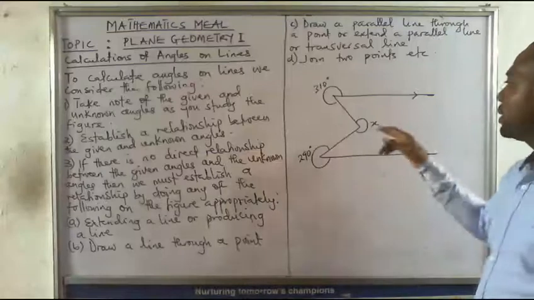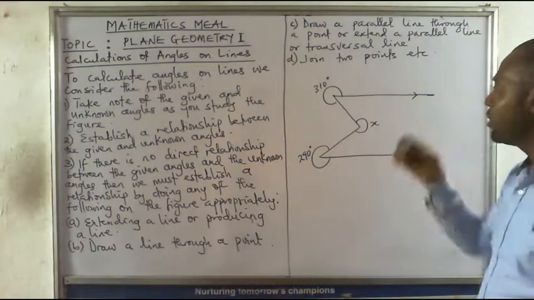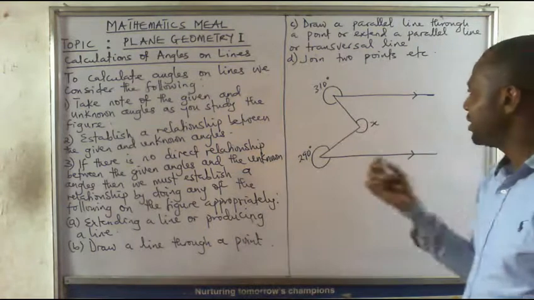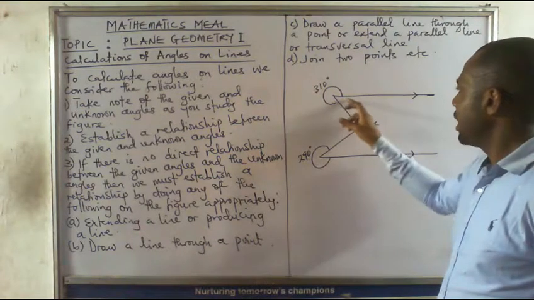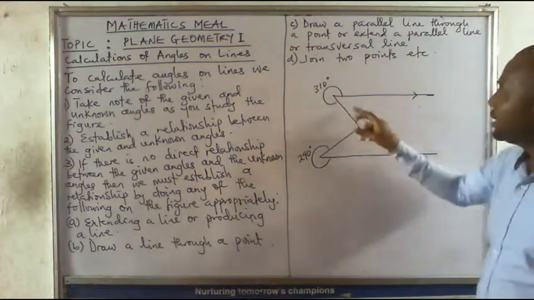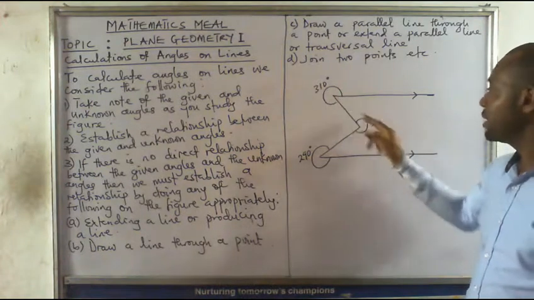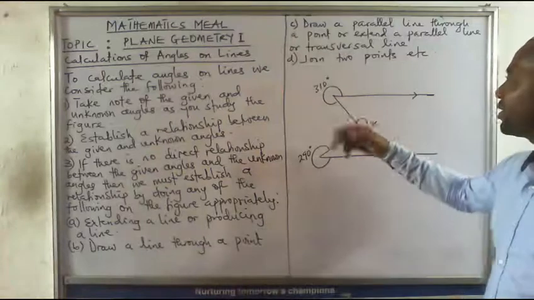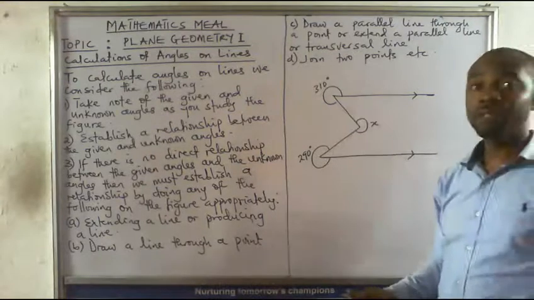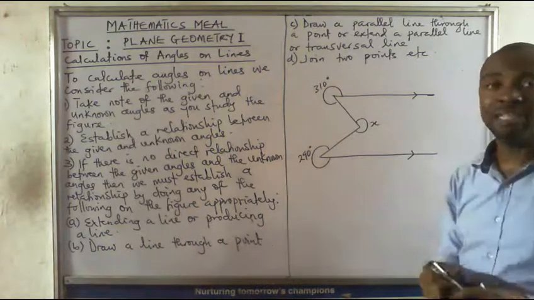Now, someone will look at this and say, I'm looking for x, what connects this? The person will say that this is angle at a point. But x is not at the same point with 310. Person will do 360 minus 310 and have 50. But that's not what connects 310 and x.